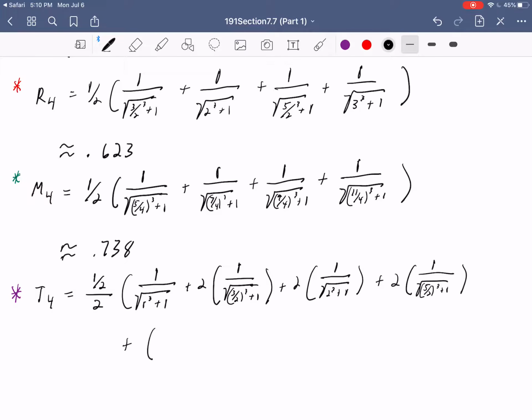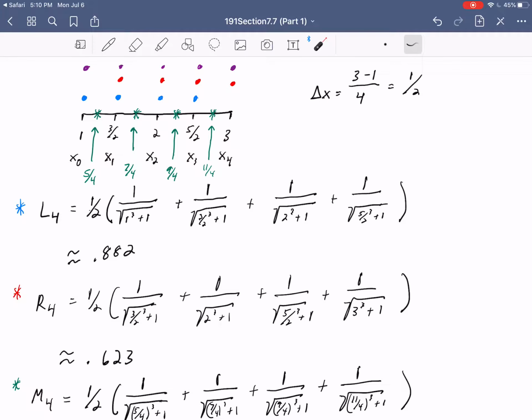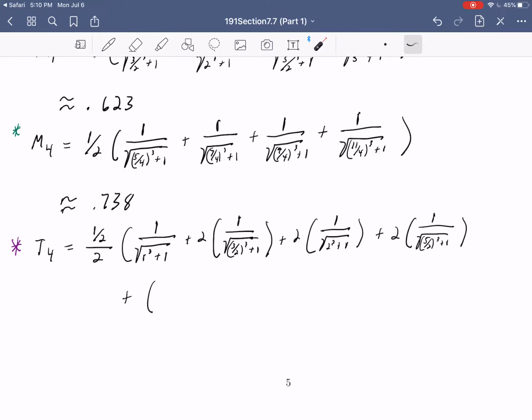And then, of course, we reach the last one, where we will not multiply by 2 because this 3 is only going to be used once, just as the right height of the last trapezoid. So 1 over square root of 3 cubed plus 1.